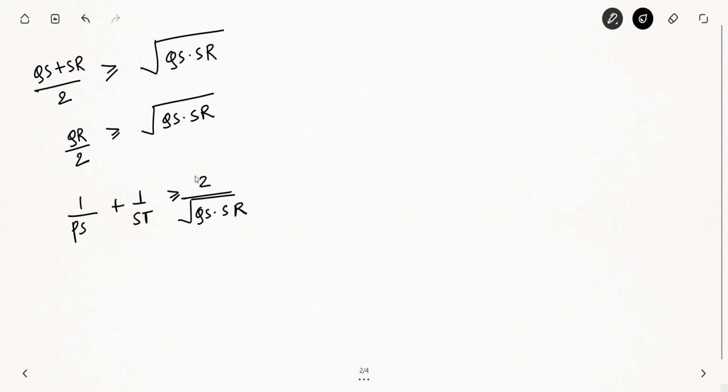So I can write that 1 upon PS plus 1 upon ST is greater than or equal to twice of 1 upon QR by 2.